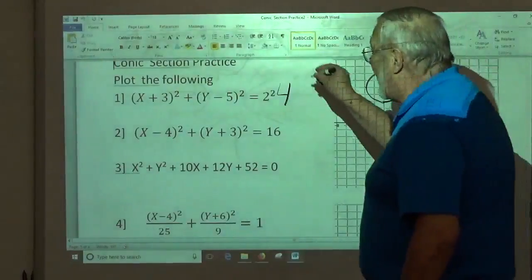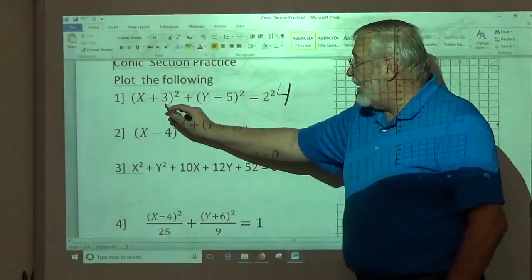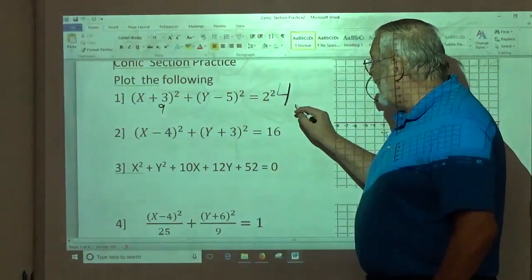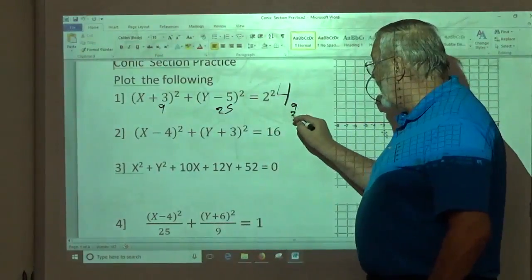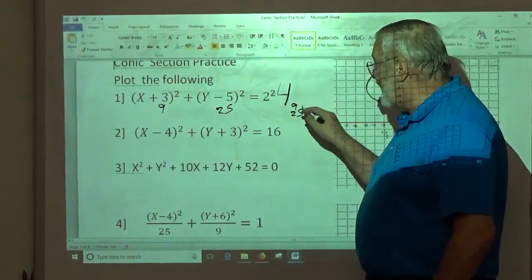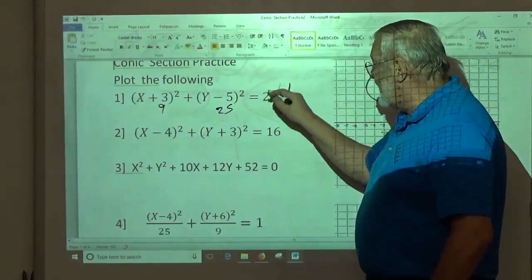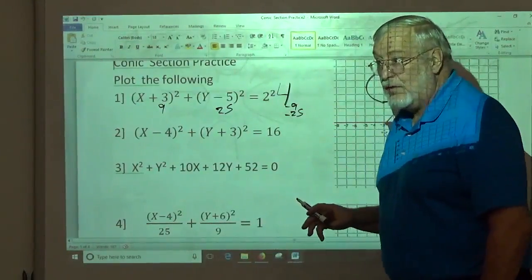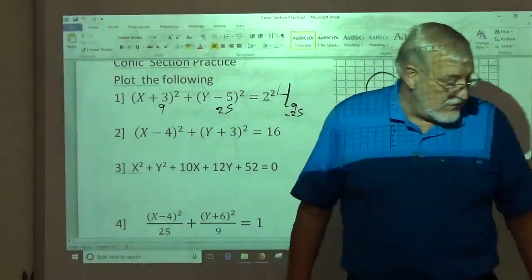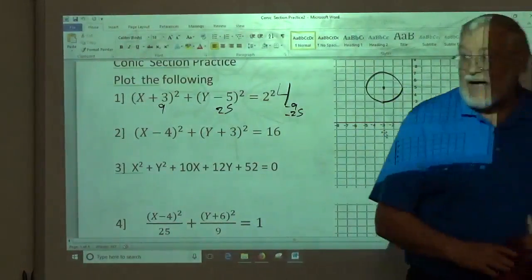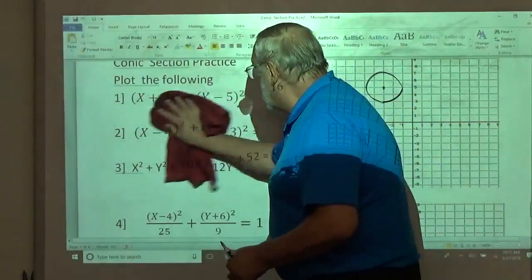So if I had this before, because there's a 9 here, I would have a 9 over here. Because there's a 25 here, I have a 25 over here. And then, when this is negative, the result is going to be 4. But that's the value that you're looking at when it's put in its final form.